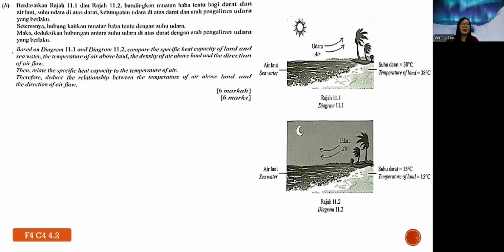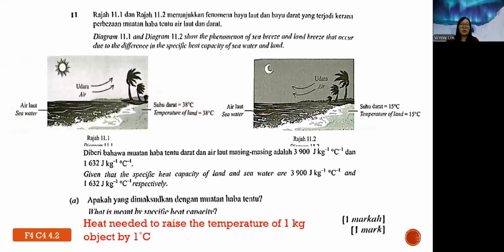Okay, then move on. Based on both diagrams, compare the specific heat capacity of land and seawater, the temperature above the land, the density of air above the land, and also the direction of air flow. In terms of specific heat capacity, they tell you the land and sea are 3,900 and 1,632 respectively.